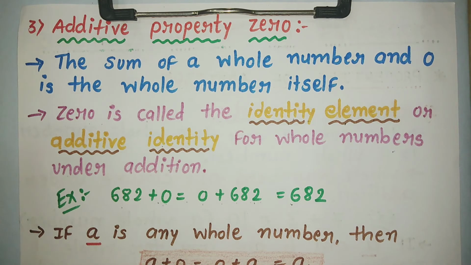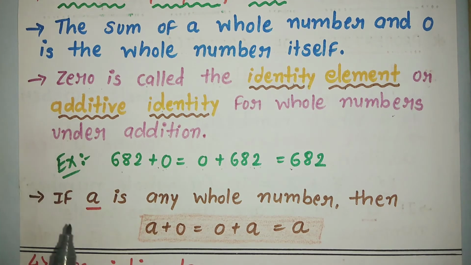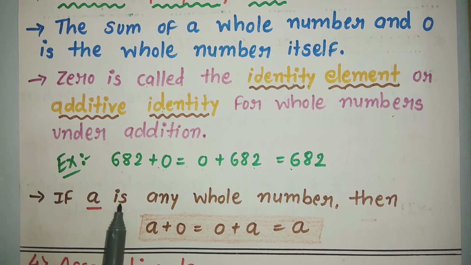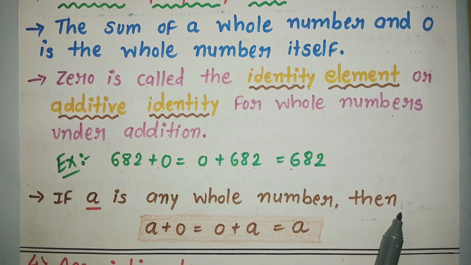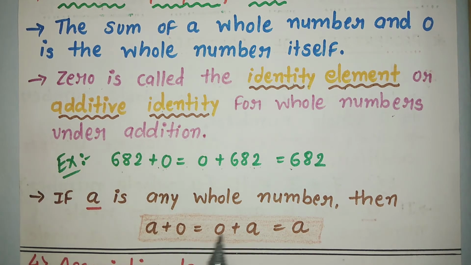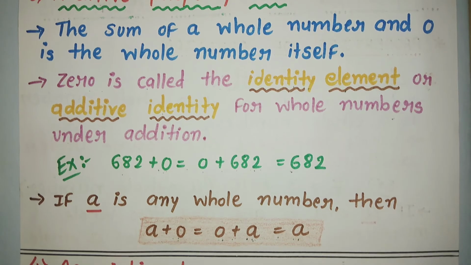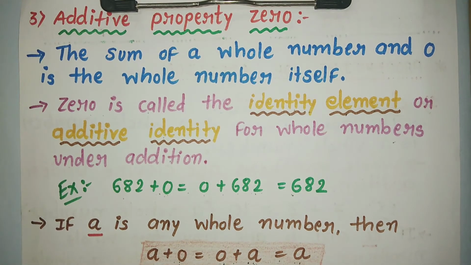So in general, if A is any whole number, then A plus 0 means A. If I interchange the order of 0 and A, 0 plus A equals A. So this property is additive property 0. It means if I add 0 to any number, my answer will always be the same.